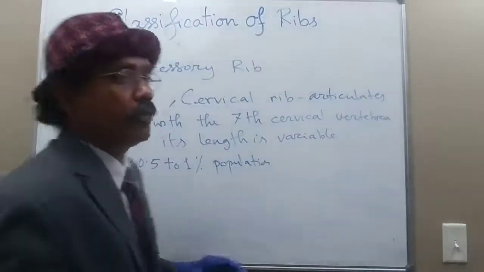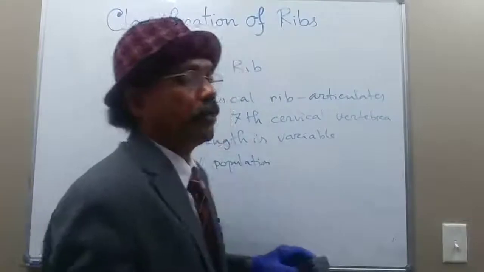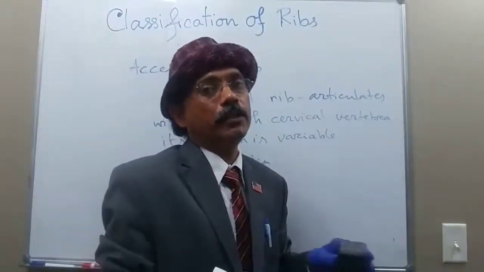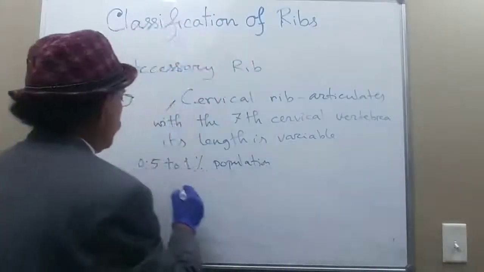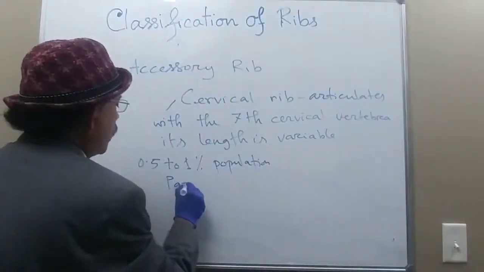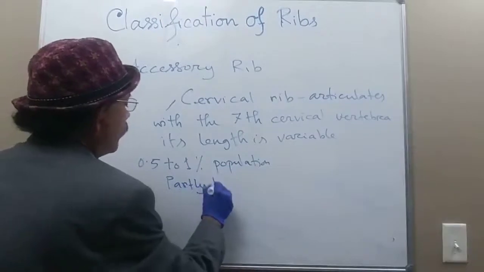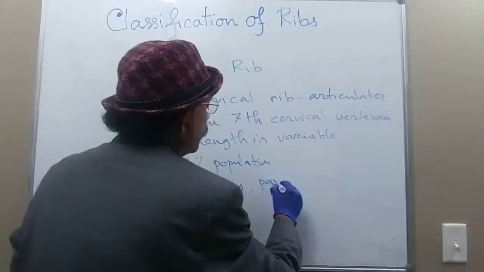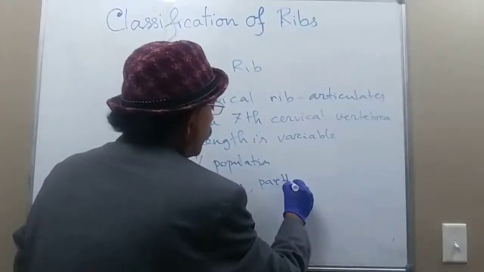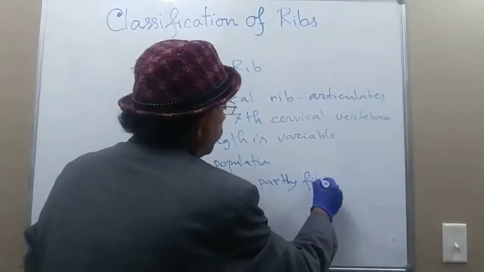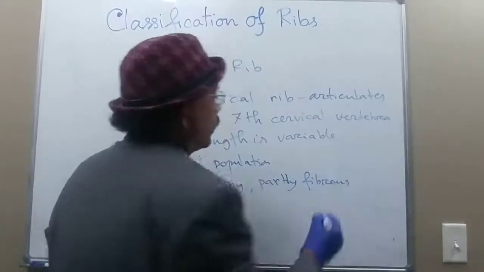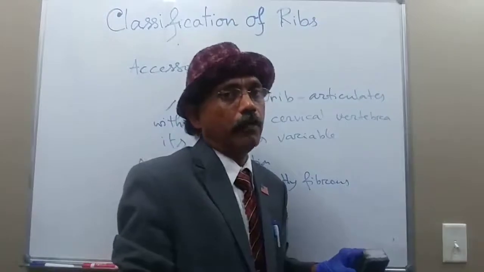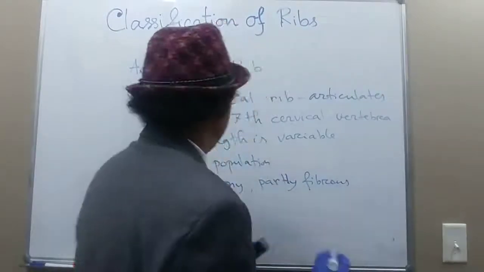Its length is variable means that part of it may be bony, part of it may be fibrous, and that fibrous part may be connected to the sternum. Maybe partly bony, partly fibrous, and it may be connected to the sternum or to the first rib.